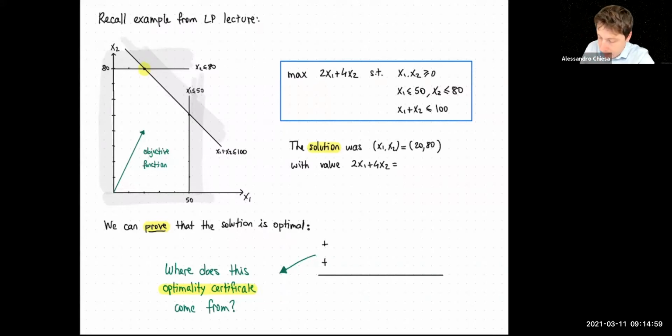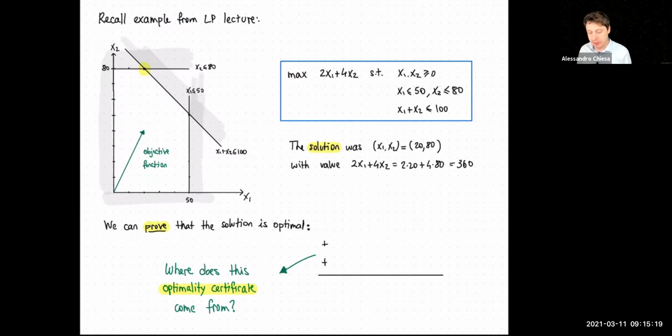Because this one over here was at x1 equals 20. And 1, 2, 3, 4, 5, 6, 7, 8, so that's x2 equals 80, with a value that is 2 times 20 plus 4 times 80, which is 360.